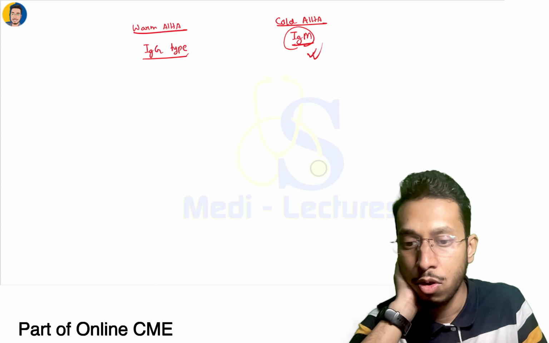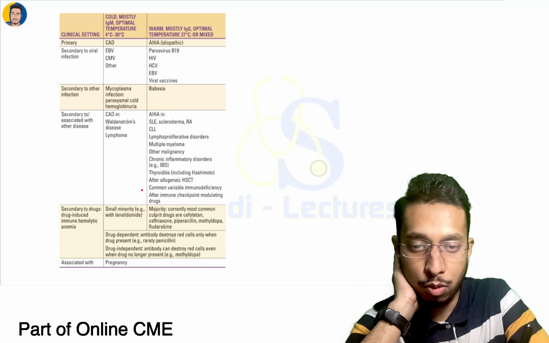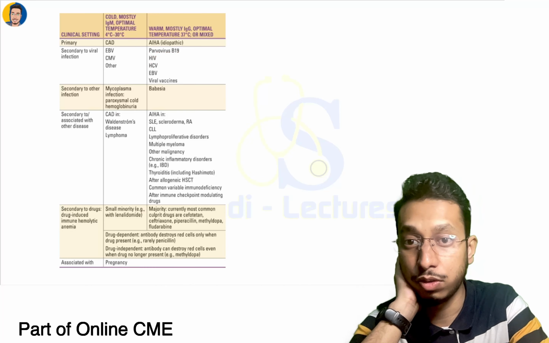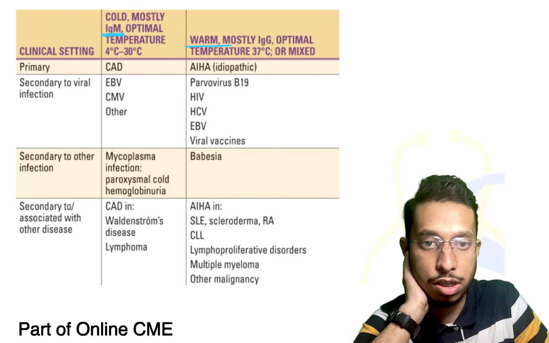Okay, so as you can check in the table, the causes of autoimmune hemolytic anemia can be divided based on the clinical setting of presentation and based on the type of the antibody, whether cold or warm. Cold is mostly IgM. Obviously, there is an exception to this rule, and warm is mostly IgG.